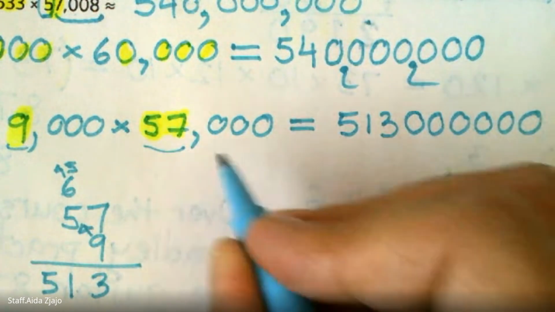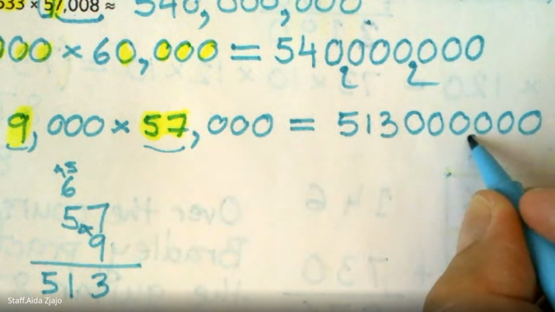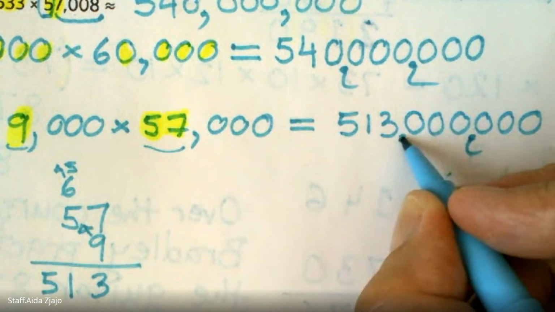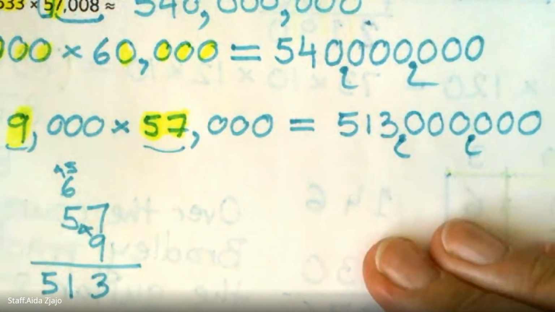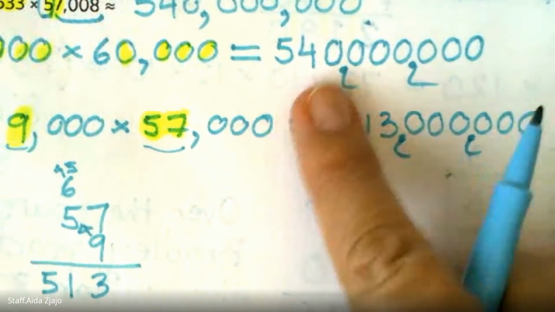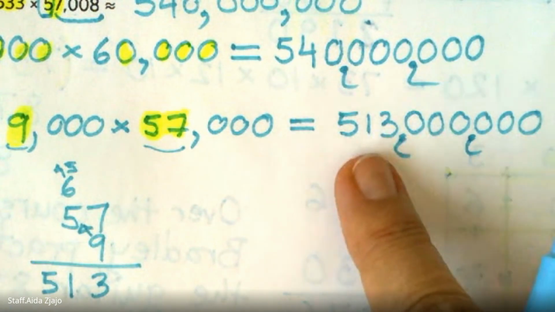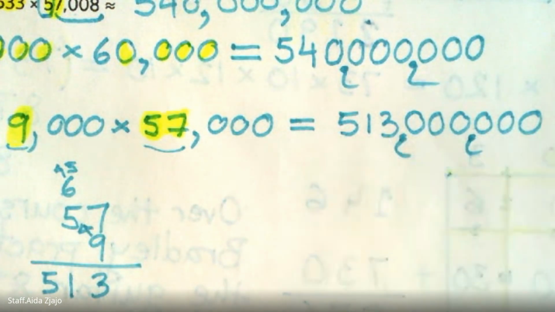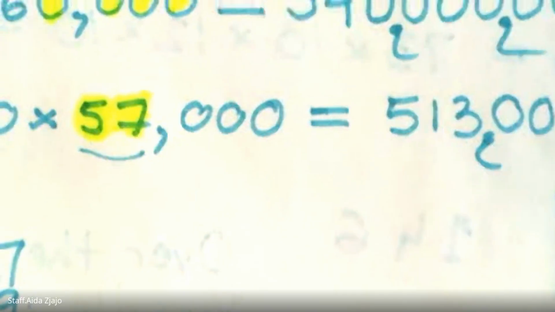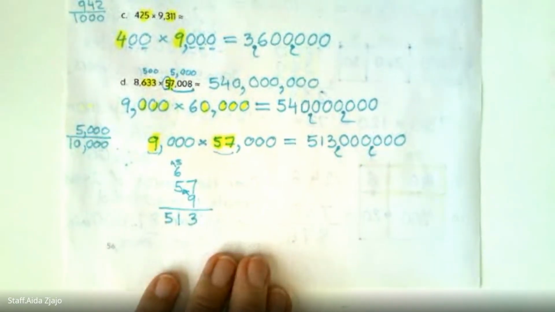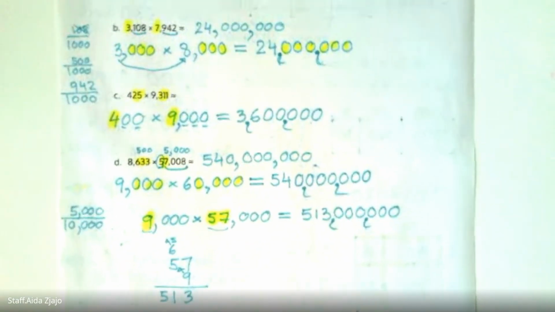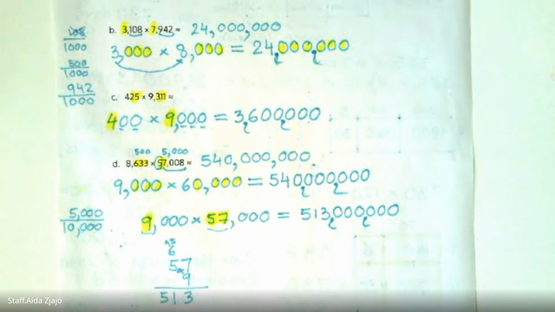And then I add zeros. Now 1, 2, 3, comma. 1, 2, 3, comma. So the closest answer is less than 540. So it is about 513 million. That's just additional, but it's good to know if you need to round to different place values, not just one place value.